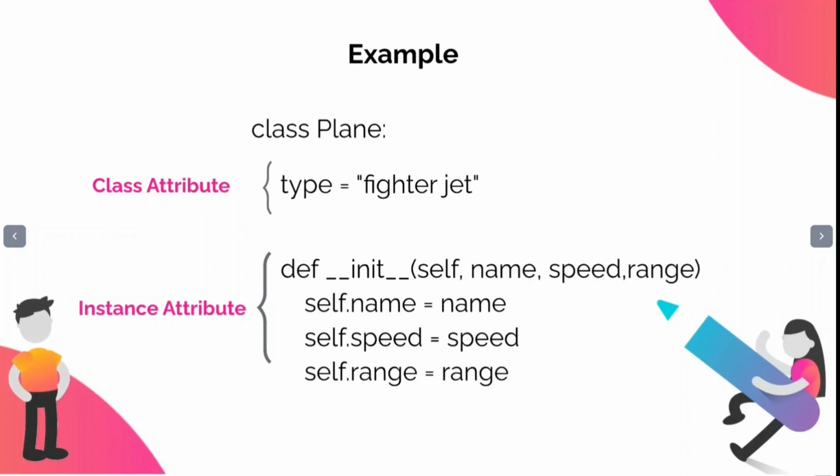Self.speed is equal to speed, an attribute is created and assigned the value of the speed parameter passed. Self.range is equal to range, an attribute is created and assigned the value of the range parameter passed.